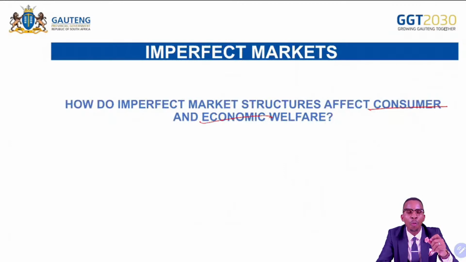Hence, we say there are no perfect substitutes for such products. So if the product is not available, the consumers will go without it, which also compromises their welfare because they need the product. They must get the product at any time, at the right quality and at the right time. So in this case, it is highly compromised.